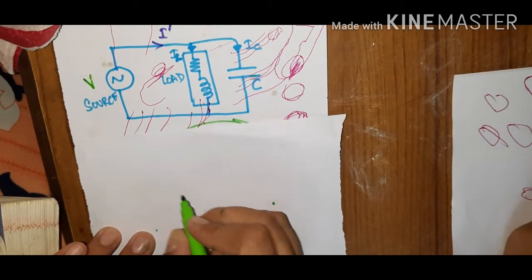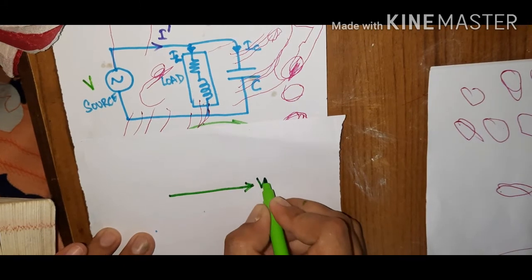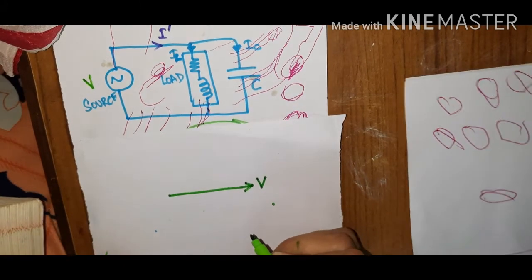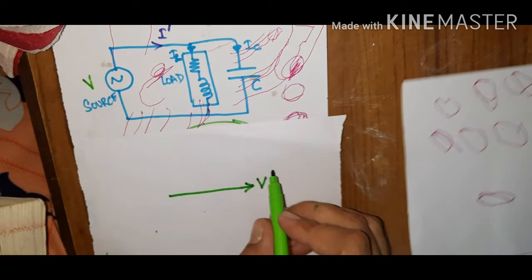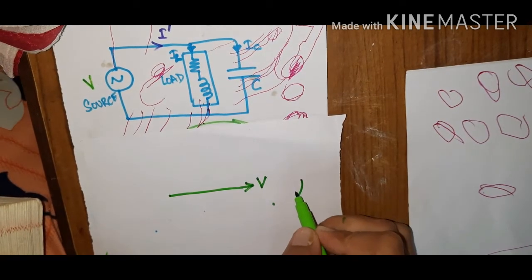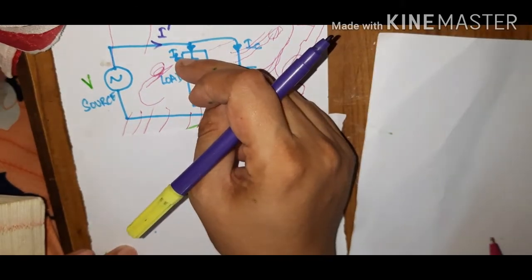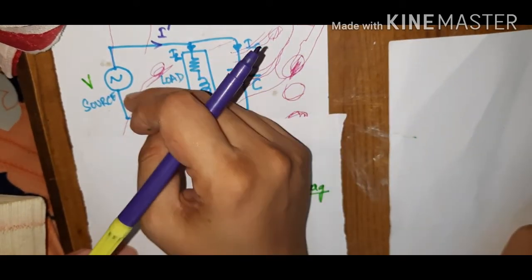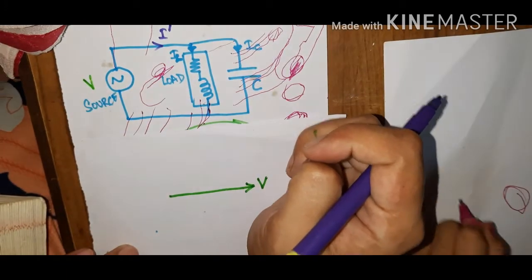So now this is the reference voltage, that is V. Since this is taken as the reference, anything that would be lagging would be taken in the clockwise direction. So this load current IL will lag behind the voltage by a particular angle.